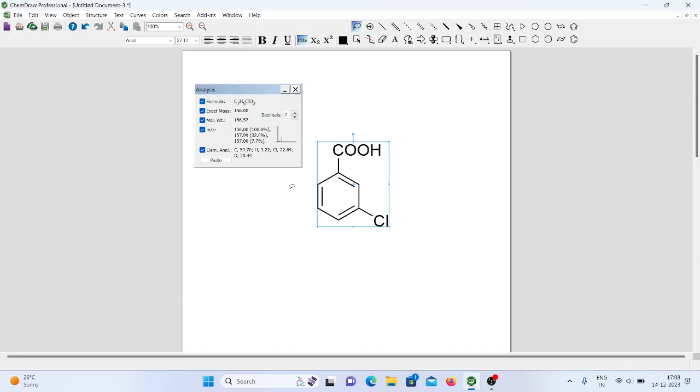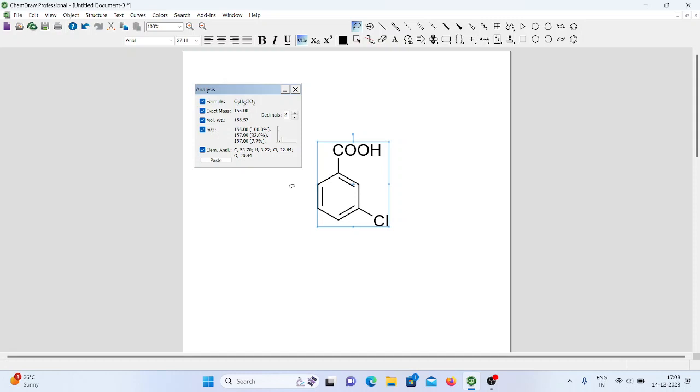We know that the mass spectral technique is useful for the identification of positively charged ions only. So what kind of positively charged ions we will observe during the mass analysis? One is the cation, second one is the radical cation. For more details, go to my channel and listen to the videos which are related to the mass spectrometry technique.